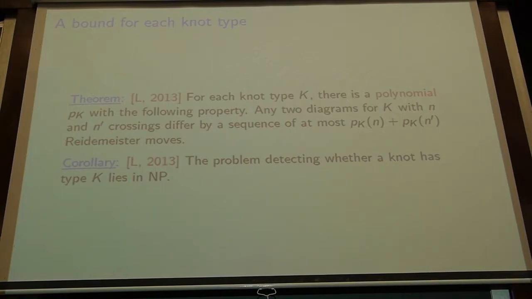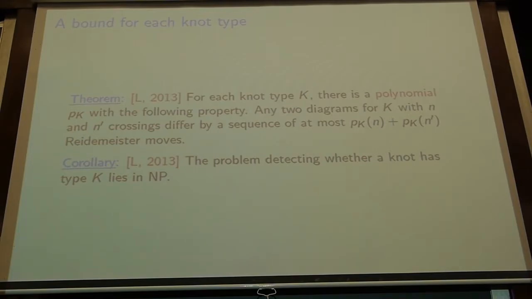Do you know something about how p_K depends on K? I mean, is it... Yeah, I was going to say, quite bad. You can also say the degree. The degree seems to be of order c to the l, where c is some fixed constant, say about 100, and l is the length of a certain hierarchy.